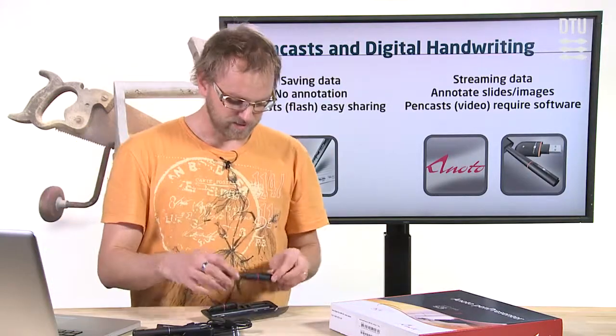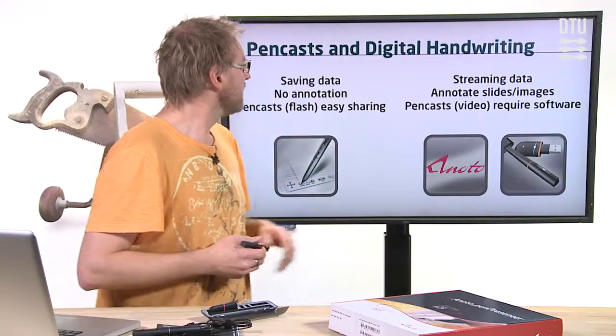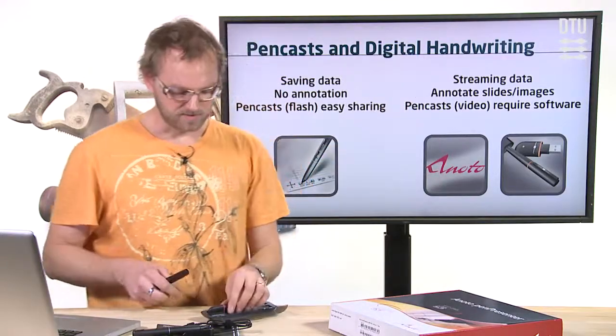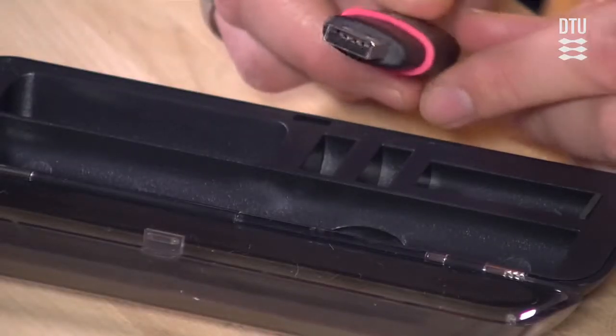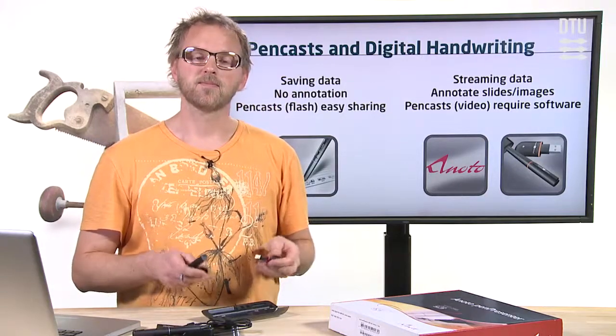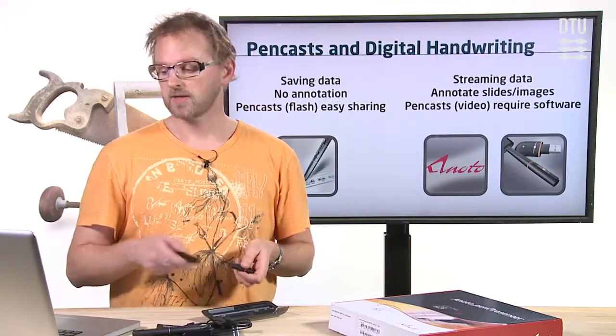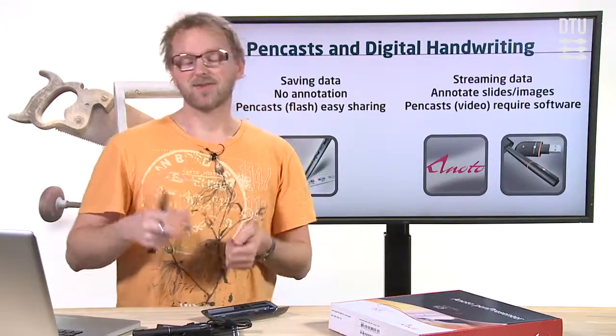If we're taking a look at the other products like the Oxford Paper Show and also the Anoto Pen Presenter, they are streaming data directly to the computer. So what they do is that they have this little USB dongle, you plug it into your PC, and the data from the pen will be streamed directly to your laptop and shown on screen. So this has other capabilities.